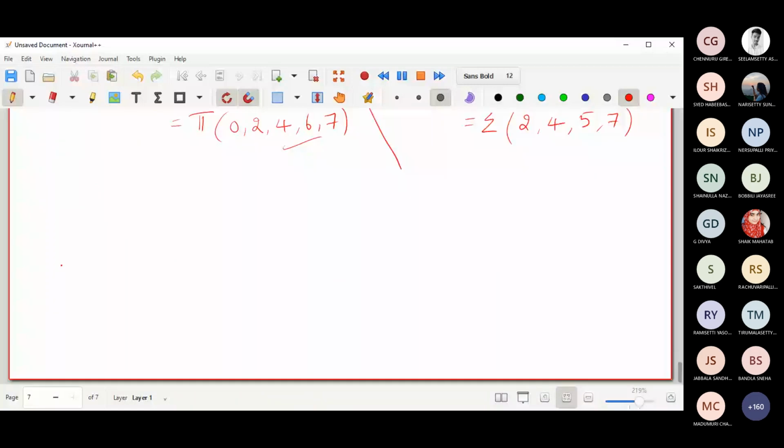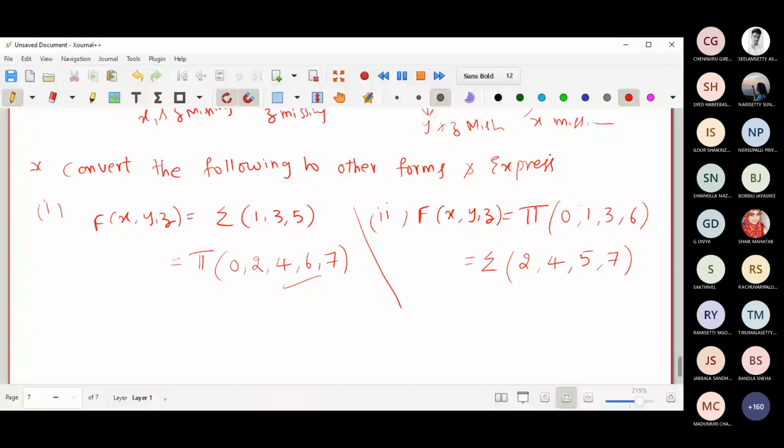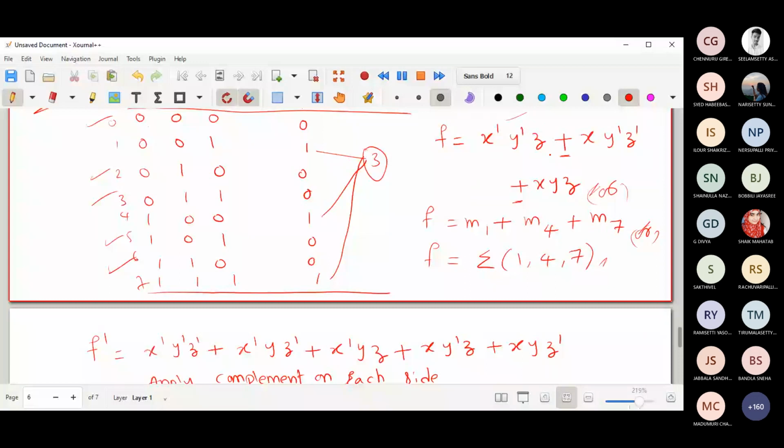Conversions will be there, and also expressing. Convert means you are going to convert from minterms to maxterms or maxterms to minterms. Suppose the question says express, or convert the following to other forms. Express means we have to do each and every step: get the minterms, maxterms, apply complement on each side.